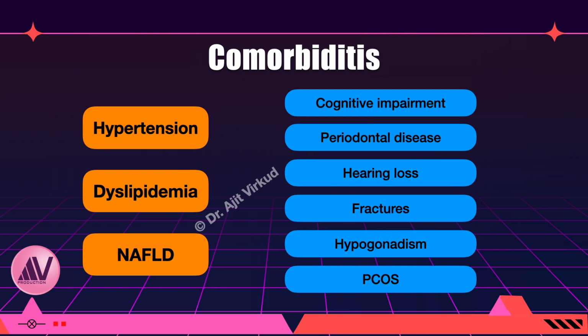Don't overlook these comorbidities. Of these, I consider periodontal disease as quite important because not only is it neglected, but also it can increase the risk of atherosclerosis, cardiovascular disease, and hamper glycemic control. In patients diagnosed with diabetes mellitus, investigations must be done to look for these comorbidities.